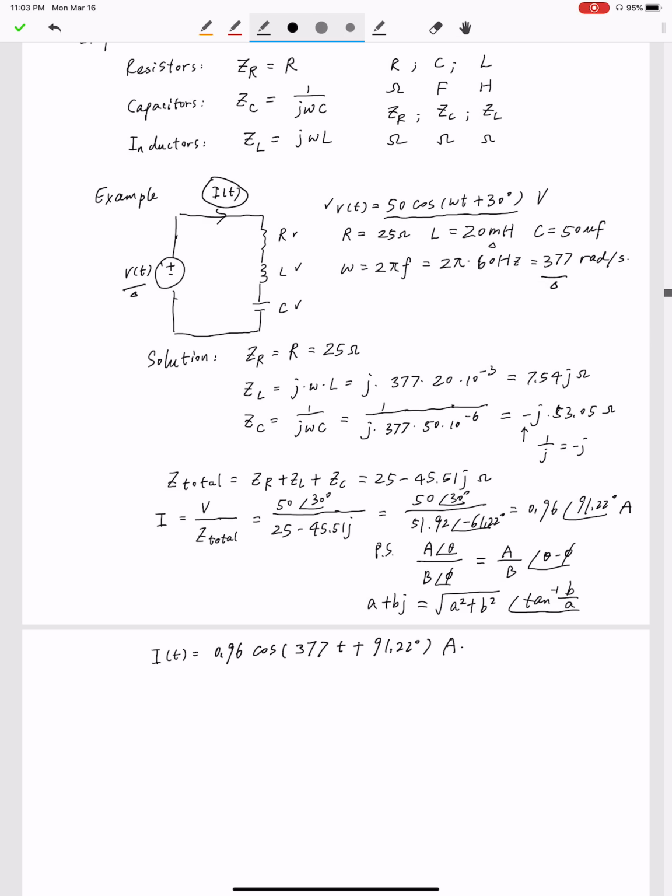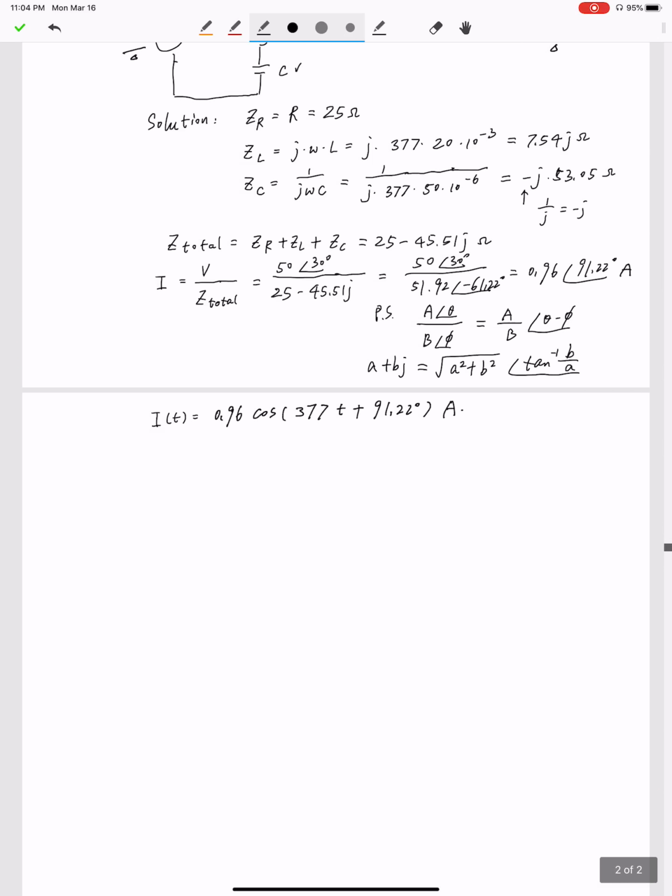So you see, by using the phasor transformation and impedance, we can easily solve an AC circuit without setting up any differential equations and solving those differential equations.